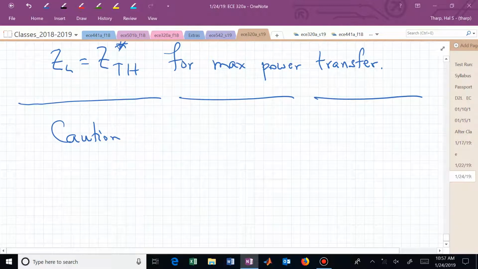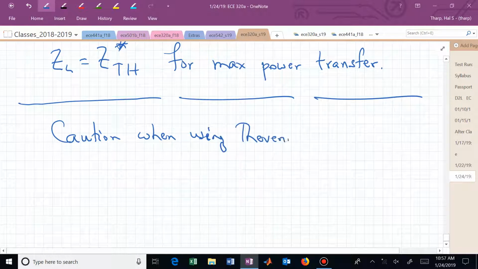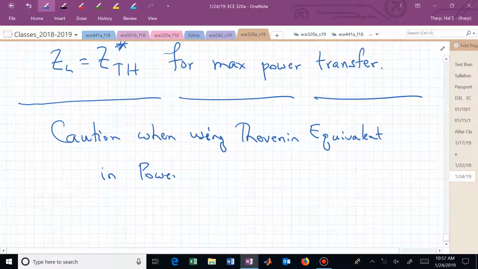It's not telling us anything about being equivalent relative to the power consumed by either the Thevenin equivalent circuit or the Norton equivalent. So there's caution when using Thevenin equivalence in power problems.